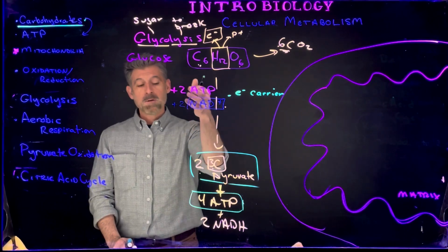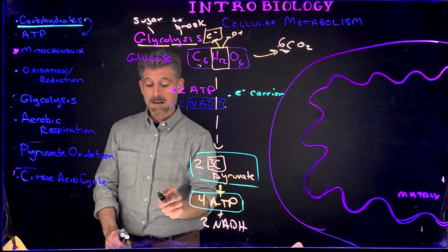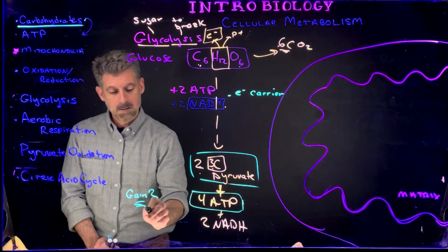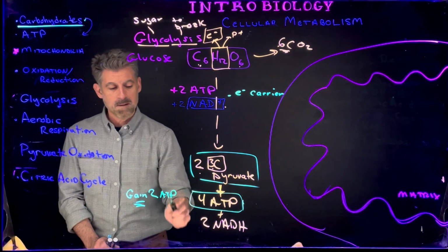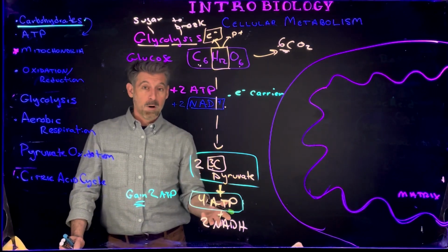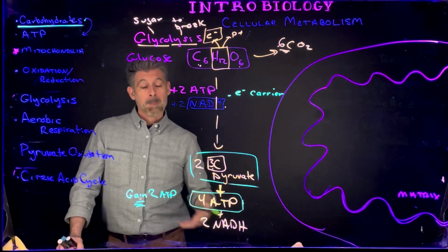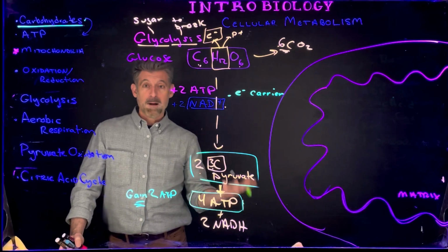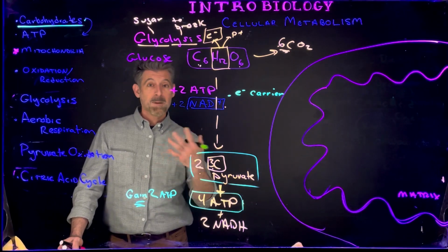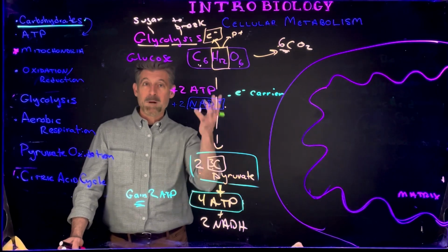So the 2 ATP you used get replenished, and then you get 2 extra. So you do actually gain. So you don't gain 4, but you gain 2 ATP in this process, right? So it's like buying a lottery ticket for $2, winning 4. Technically, you gained 2, and that's not much. But if every single time you bought a lottery ticket, you were guaranteed to win $2 and you did this a million times, you would have $2 million because you get 2 each time. And that's what glycolysis is like.